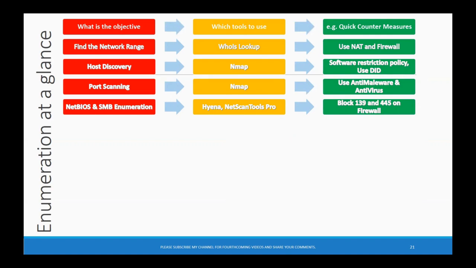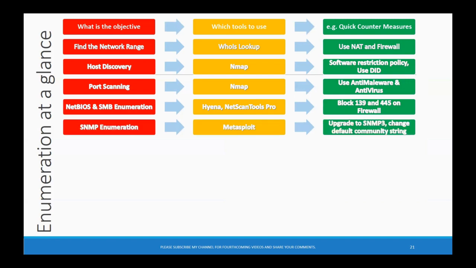That is the main thing security admins do to protect it, though we have multiple options. The first and most important is to block 139 and 445 on the firewall. So disable SMB, disable NetBIOS, use a network firewall, Windows firewall, software firewall, and disable sharing. These are the countermeasures for NetBIOS and SMB enumeration.